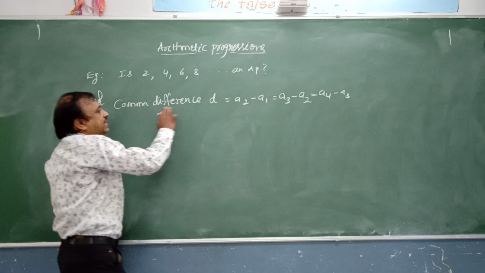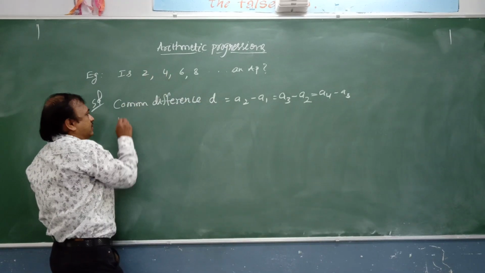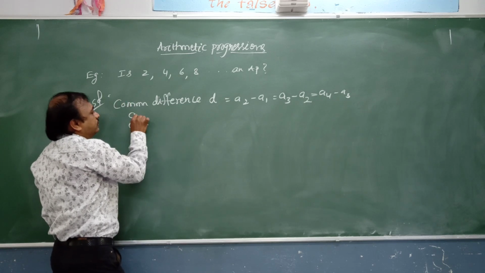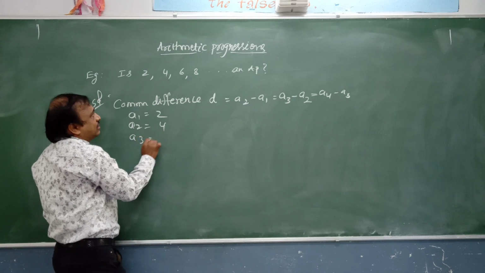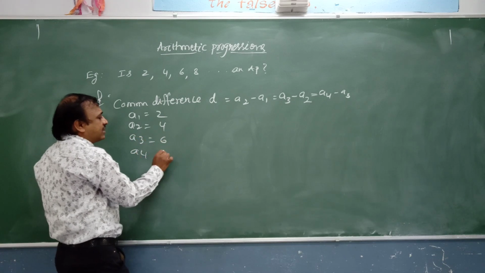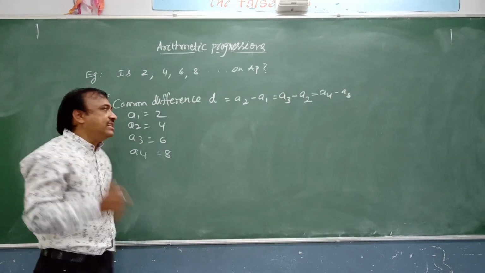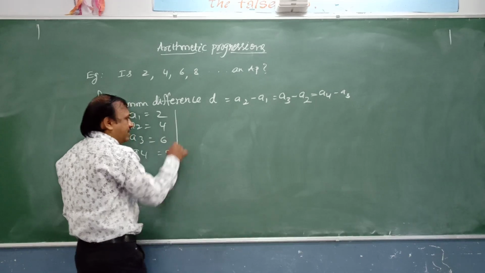Now common difference D is equal to A2 minus A1. In this, A1 is equal to 2, A2 is equal to 4, A3 is equal to 6, A4 is equal to 8. Now we are going to find the difference. Observe these terms.